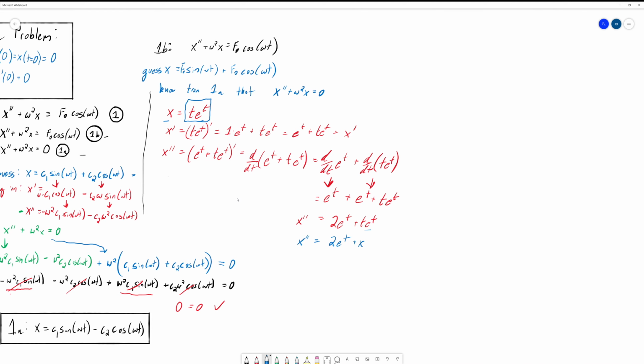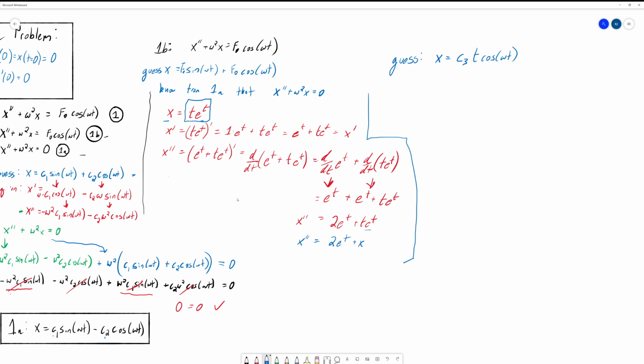With this motivation, why don't we guess that x is going to equal, well, we want cosine, so some constant, I'll write C3 because we have C1 and C2 down here, times t times cosine omega t.